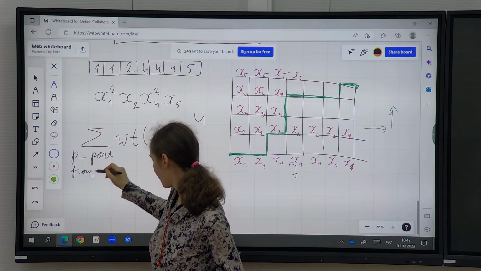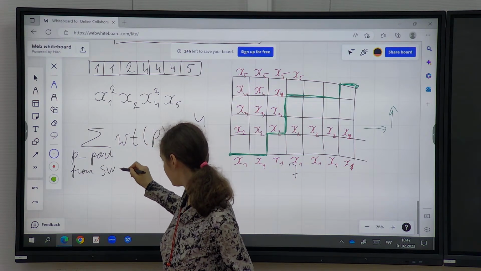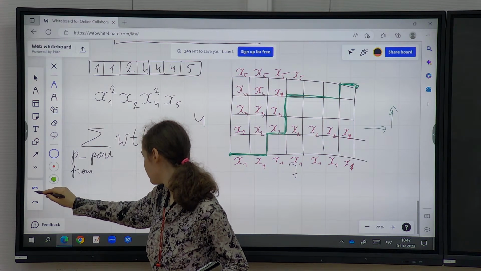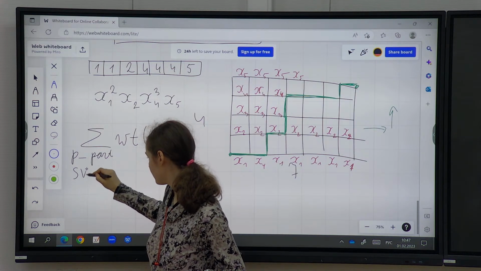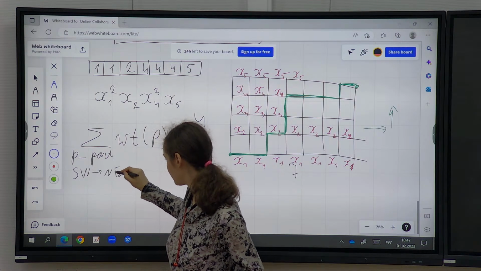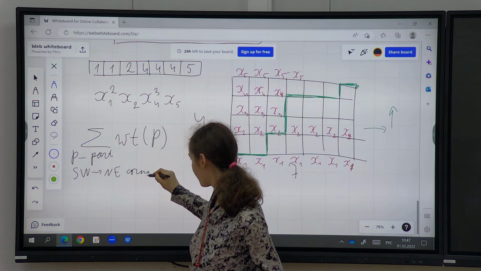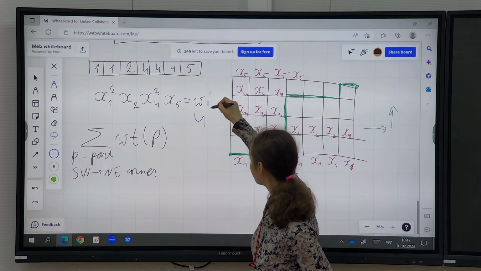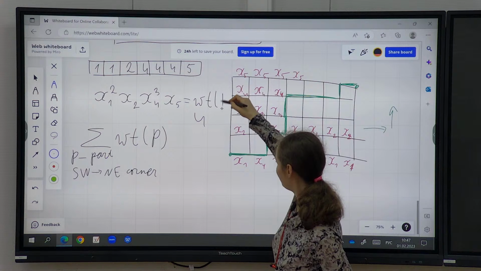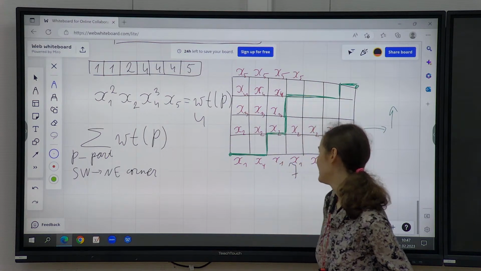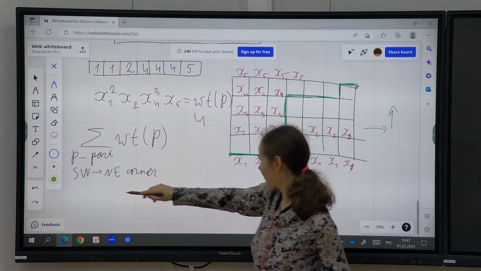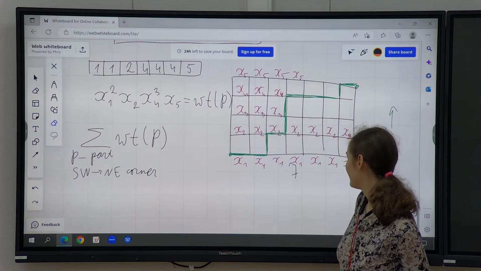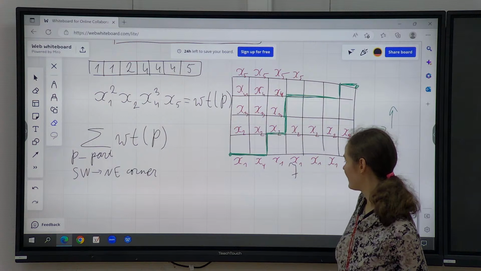By weight of P, I denote just the weight of the path, that is the product of all variables along it.